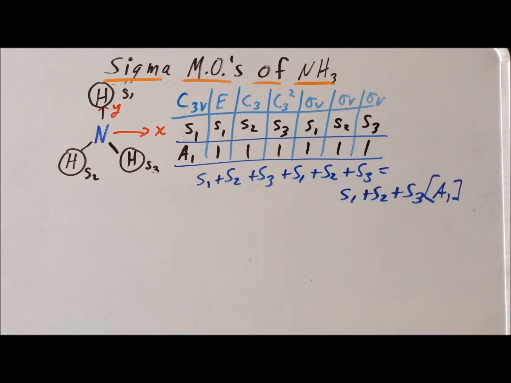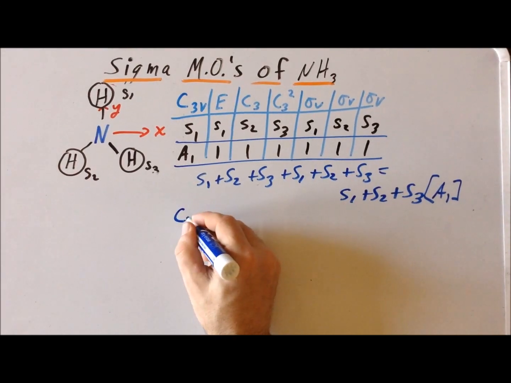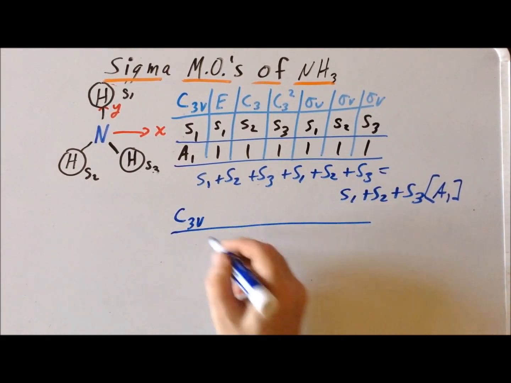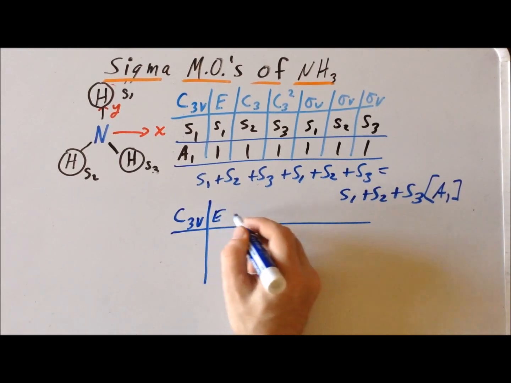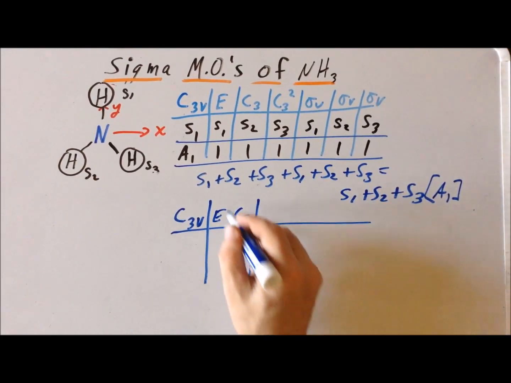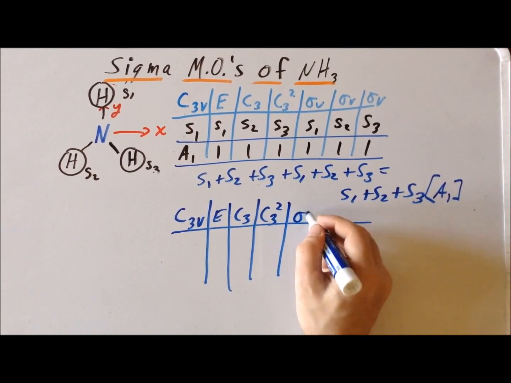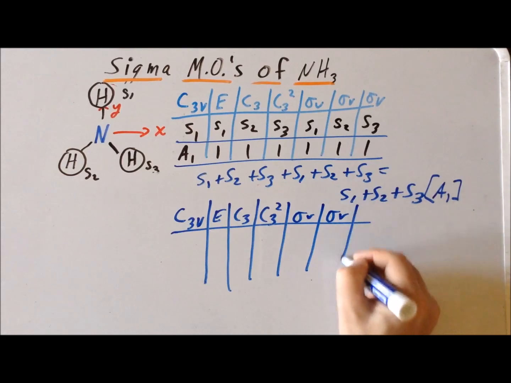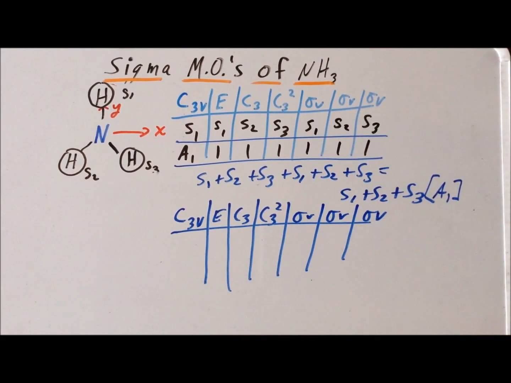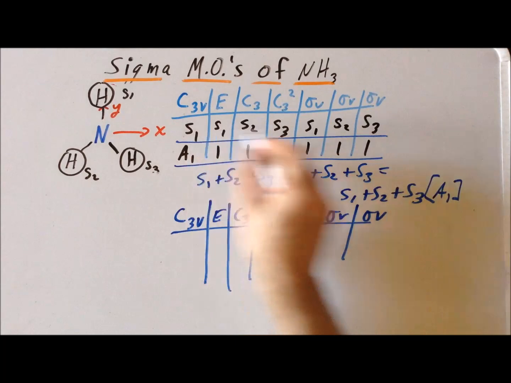So our second task is to figure out what the E molecular orbitals look like. So again, we need to continue our chart. And we have a column for each of the operations in the group. And we can just copy down the first row. This does not change.